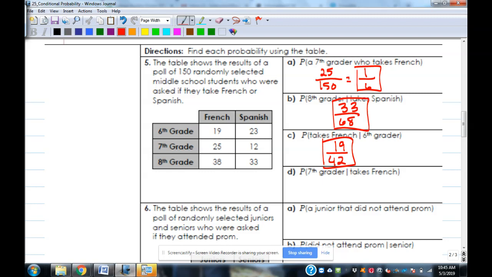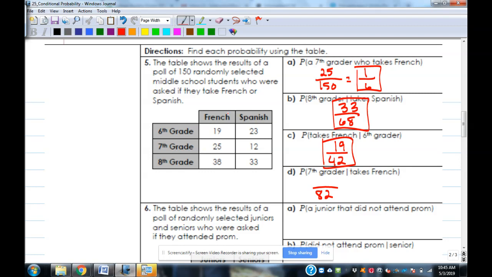D part, probability of picking a seventh grader given that they take French. So our bottom number is going to be the total of which part? The French column. So 19, 25, and 38. 82. Is that right?